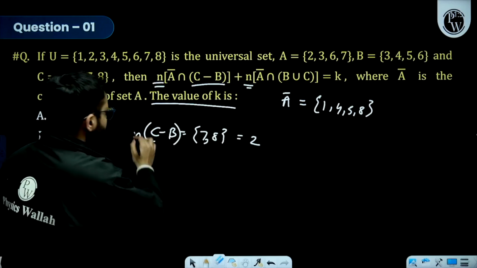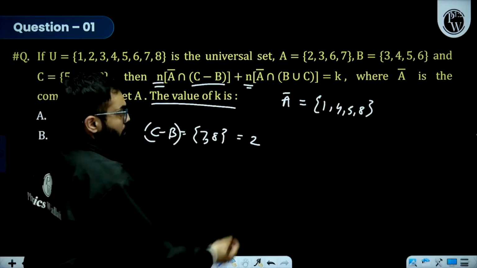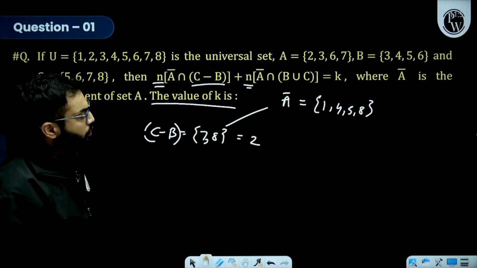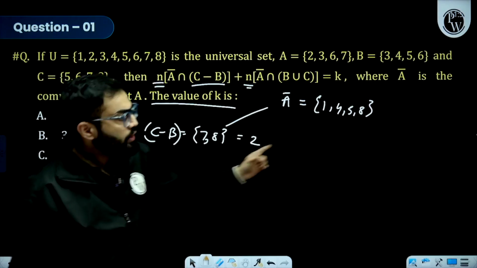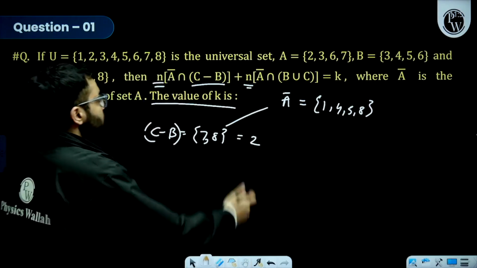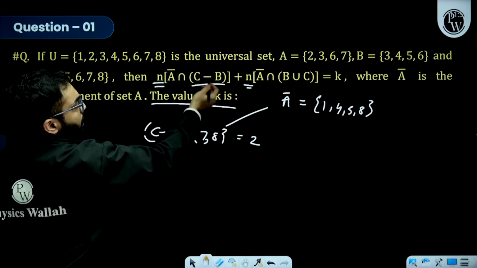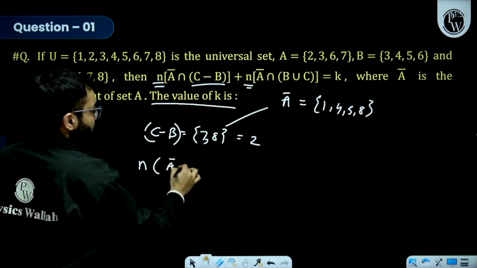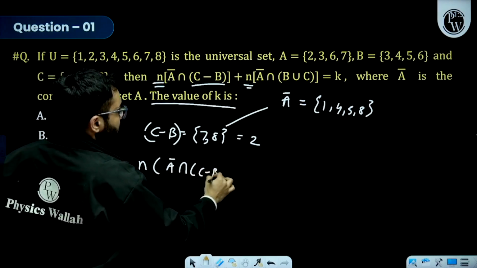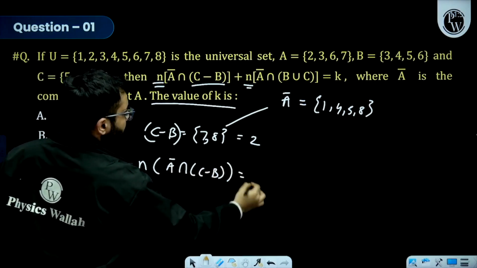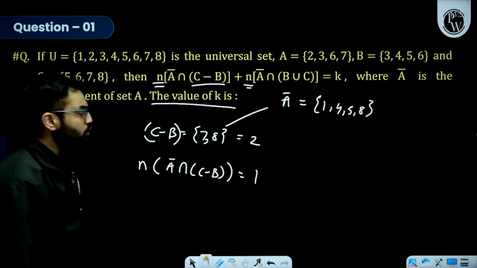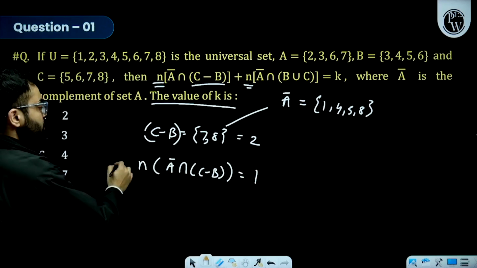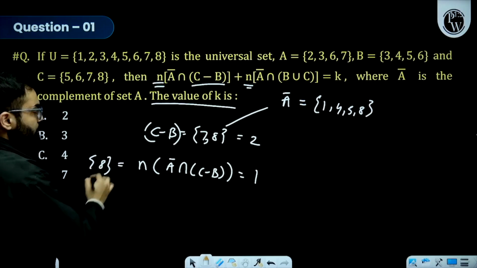What elements do we see common in these two? They both have 8 as common. So this has only one element, that is 8. So n(A complement ∩ (C − B)) is going to be a single element. So the cardinality is going to be 1 and that single element is nothing but 8.